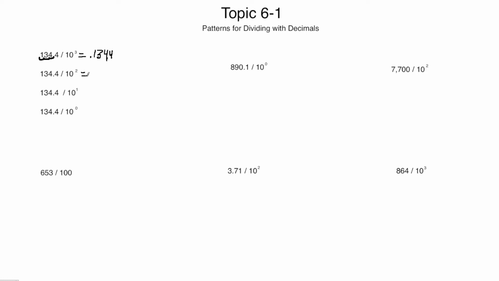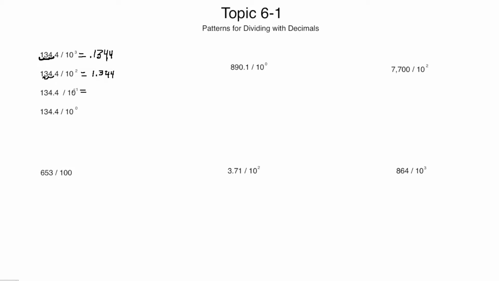All right, the next one. You see we're going to be dividing the dividend by 100, or 10 to the second power, which means 2 butt cheeks to the left. 1, 2. So now the decimal goes in between the 1 and the 3. So now my quotient is 1 and 344 thousandths.